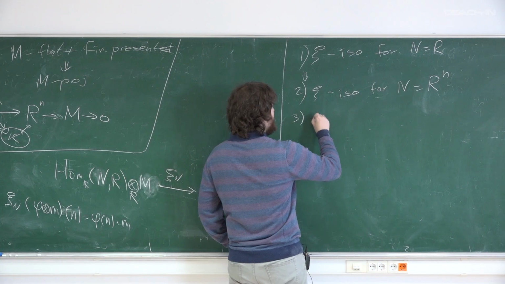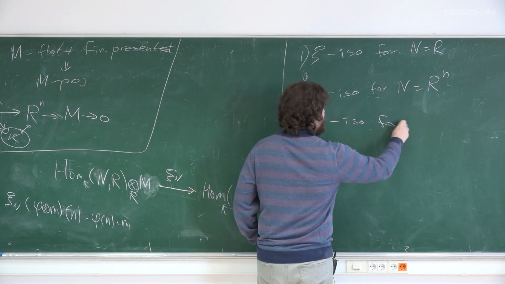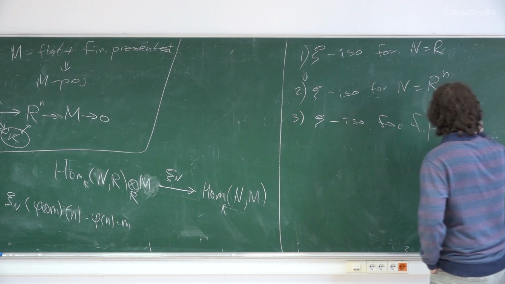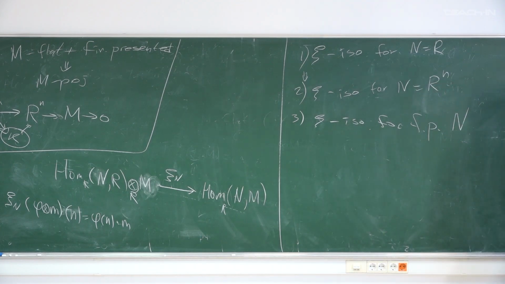Xi is an isomorphism for finitely presented N, by the five lemma, because here M is flat.